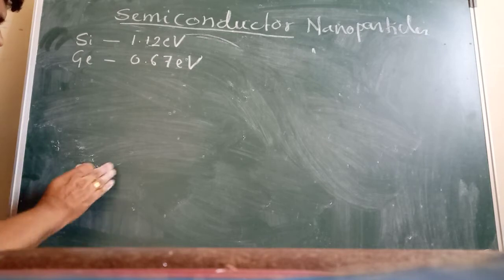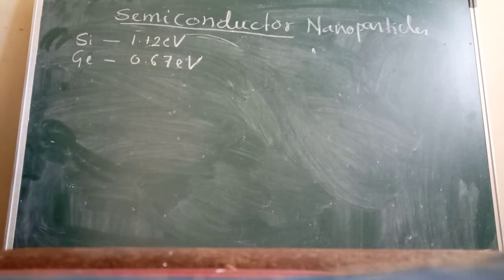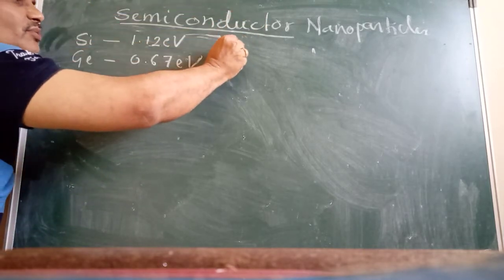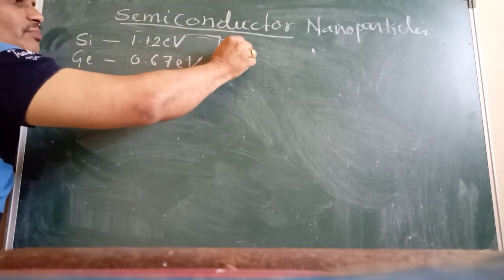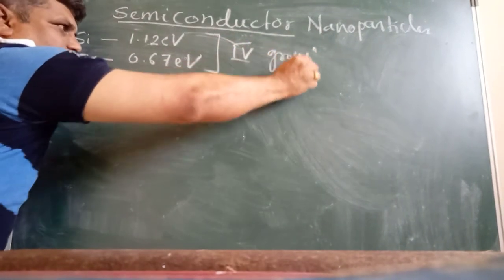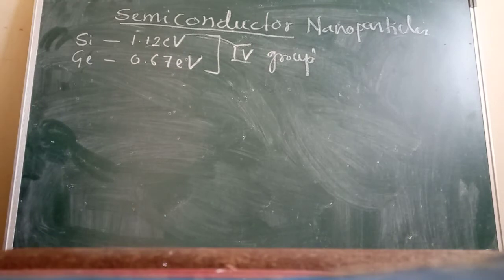Now, there are silicon and germanium. Usually these come in the fourth group. Why the fourth group? Because their valency is 4, so they have 4 outermost electrons.